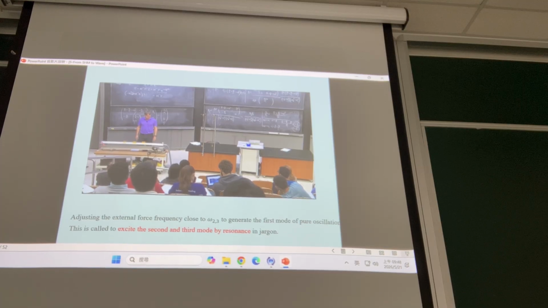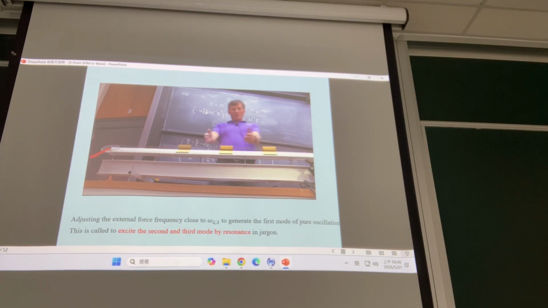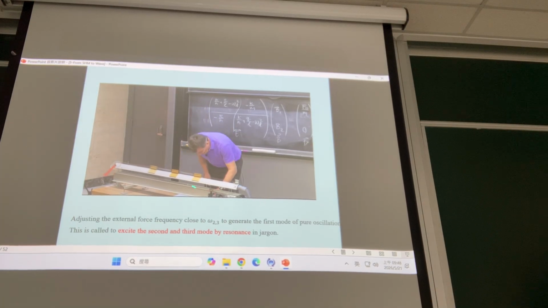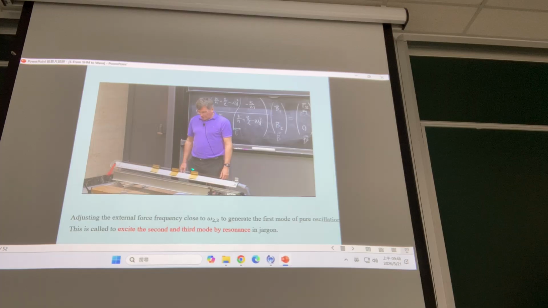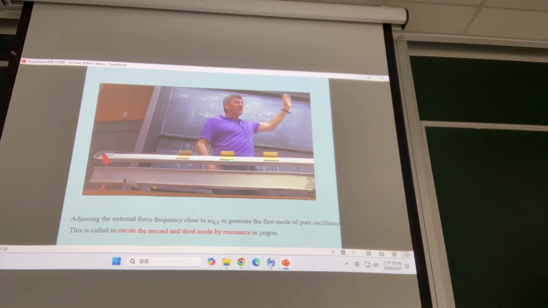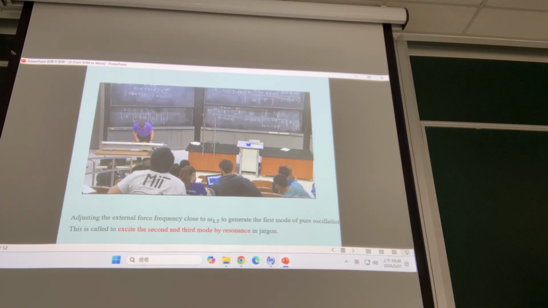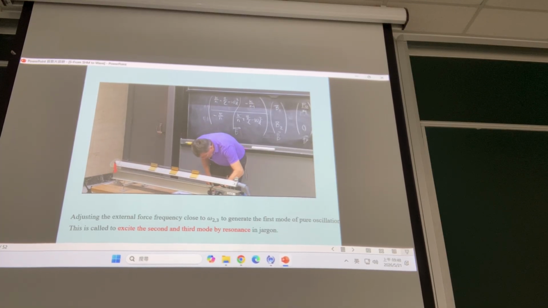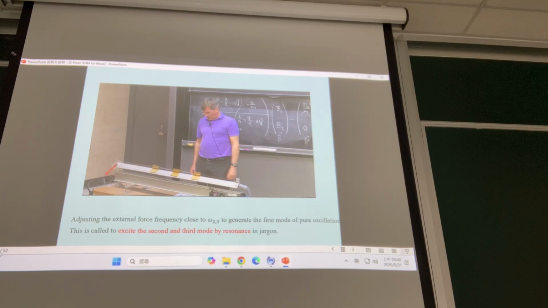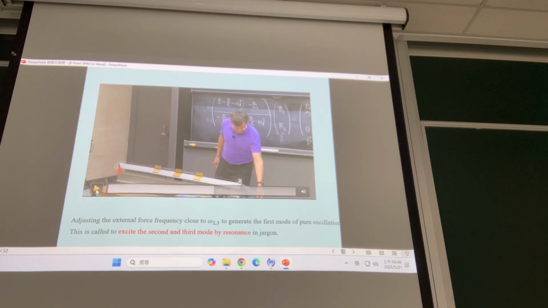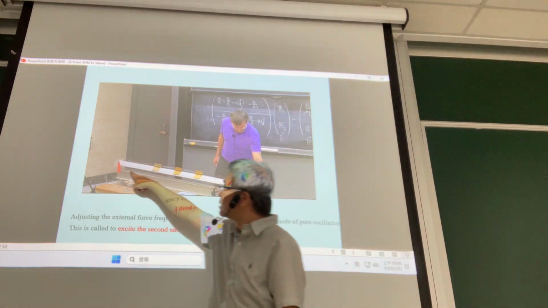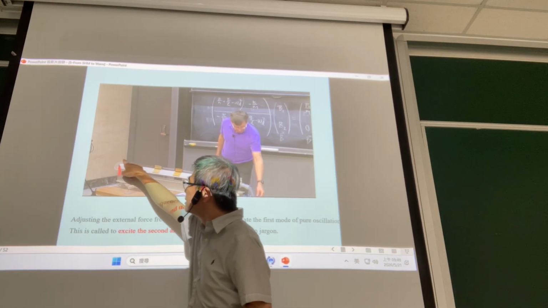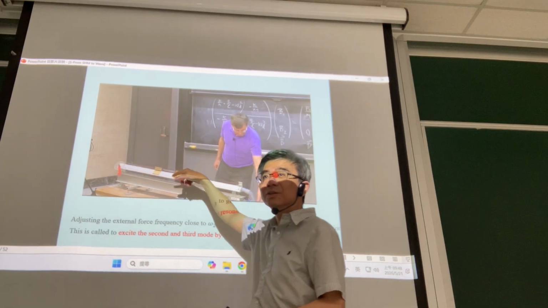Now look carefully. The professor tried to adjust the frequency of the external force so that he can excite the third mode. If you look carefully, what he did is adjust a line of oscillation so that this line can connect to the oscillating system.